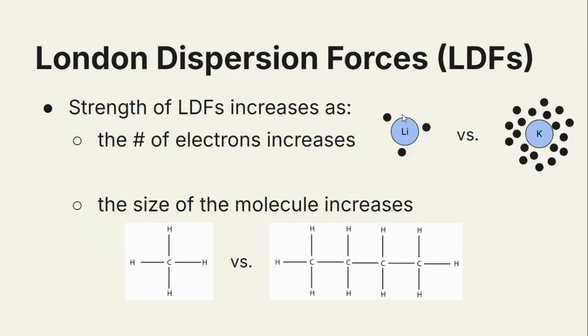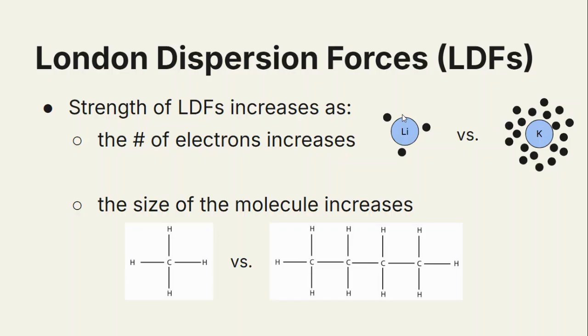Now there's two things that we can look at to determine the strength of the LDFs that are found within a substance. The first one we can look at is the number of electrons. So the more electrons that a particle has, the stronger the LDFs will be when they form them.